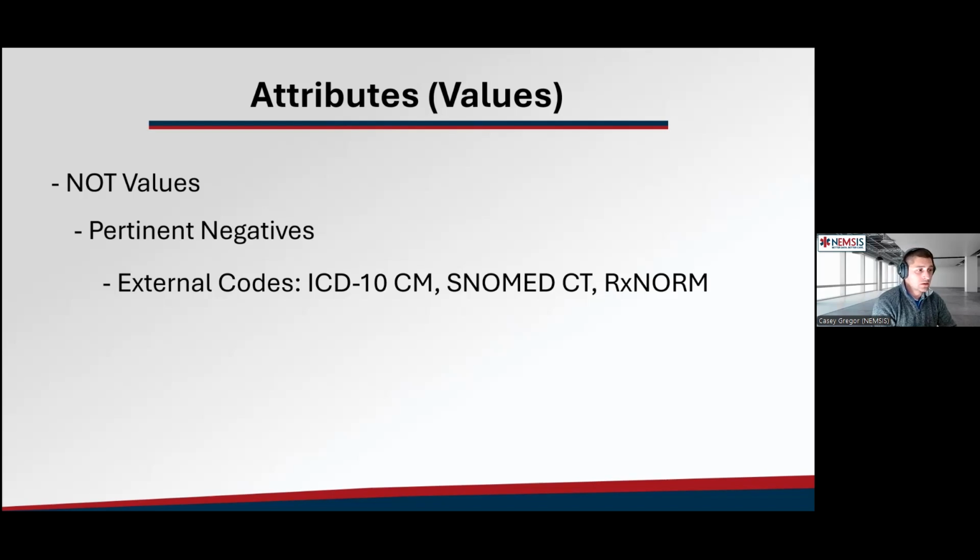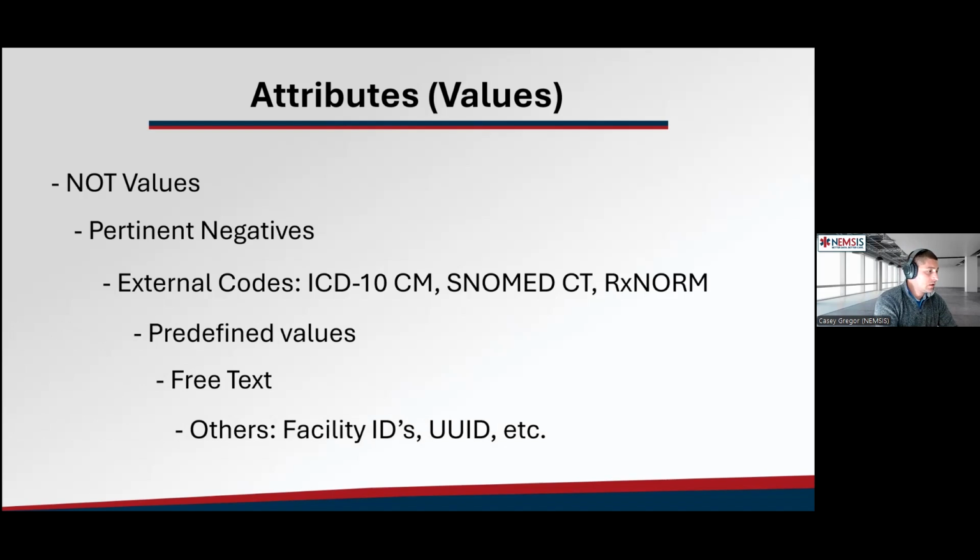But when you're selecting things like medications or that patient history, locations as well, location type, those are all using external codes from these different libraries. We have some predefined values in some elements. There's free text as well, obviously things like narrative, patient name, and then other things like your facility IDs, UUID, but a lot of these we don't really see, right?